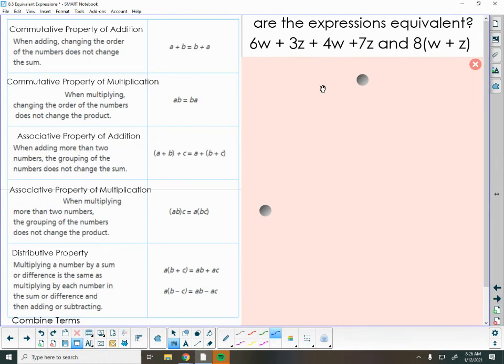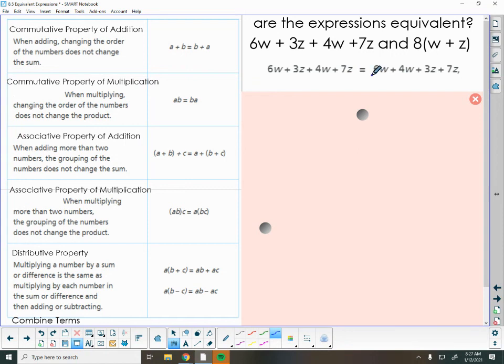Okay, so are these two expressions equivalent? So we have 6W's plus 3Z's plus 4W's plus 7Z's and 8W's plus Z's. So we're going to start here and we need to see what did they do. So we took 6W's and 3Z's, 4W's, 7Z's, and rewrote it as 6W's plus 4W's plus 3Z's plus 7Z's.